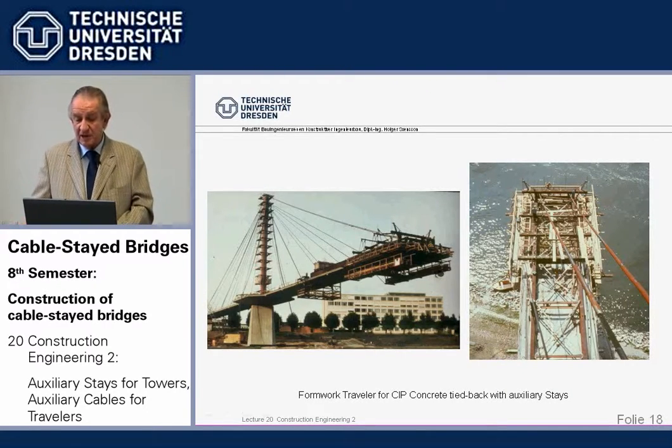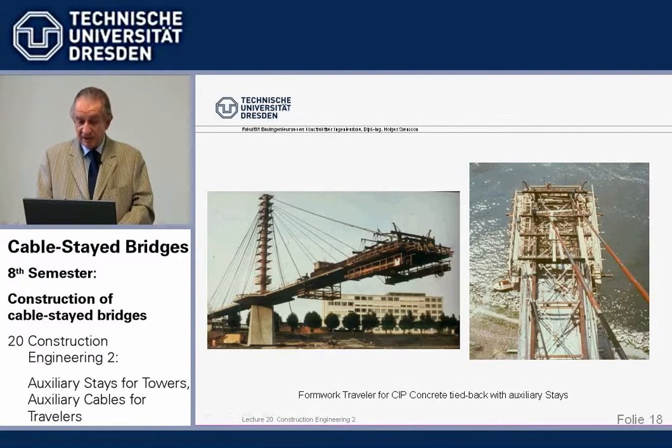So what we can do then is support this formwork traveler with auxiliary tiebacks, auxiliary stay cables, which are anchored here, hung back to the tower. We can see it here, that they are tied to the tip of the traveler and hung back.